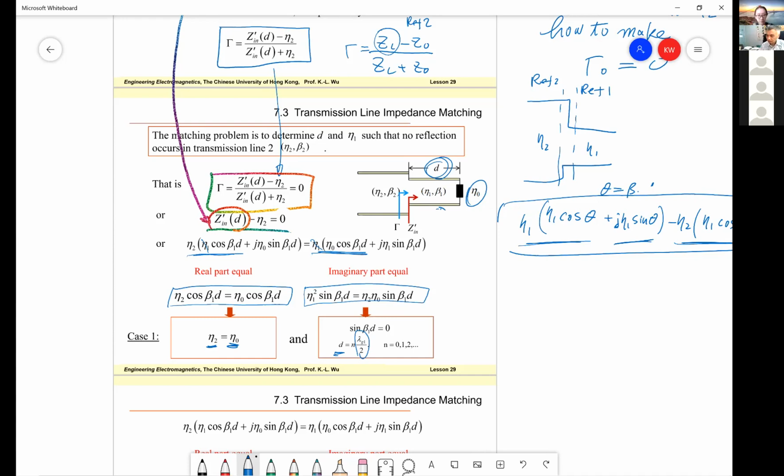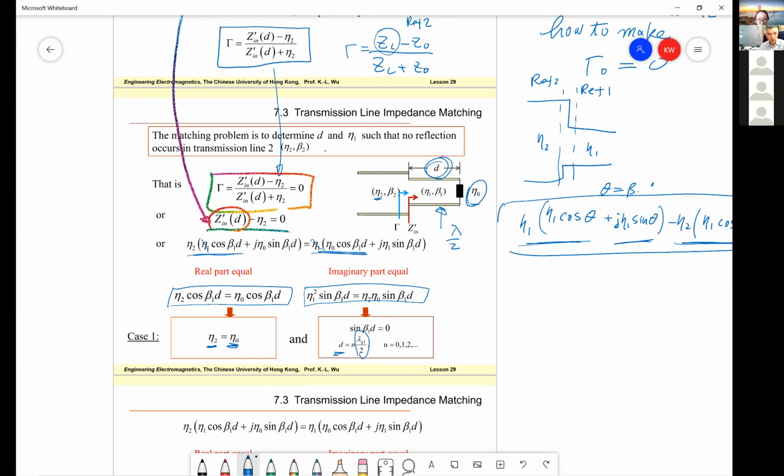That means if eta 2 equals your load and you keep the inserted transmission line half a wavelength long, you have no reflection coefficient. Okay, so this is fine.